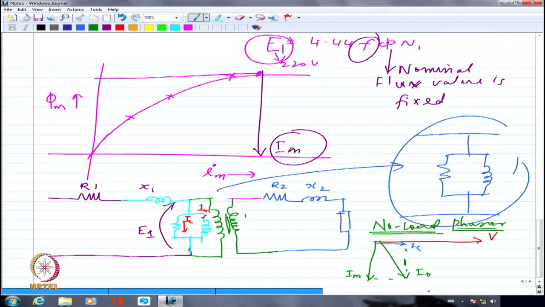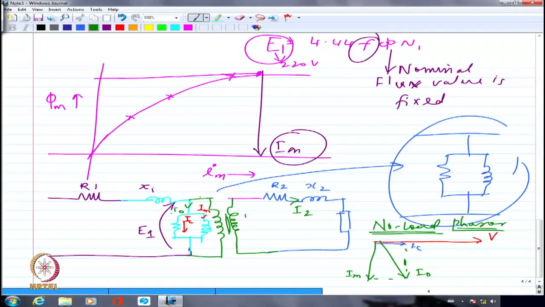Right? Now I hope you have at least gotten an idea of how the transformer functioning is built up, right from the no load condition. Then you connect the load, then the current bounces back, and that current comes here. So if I call this I2, I should say definitely there is no load current here.